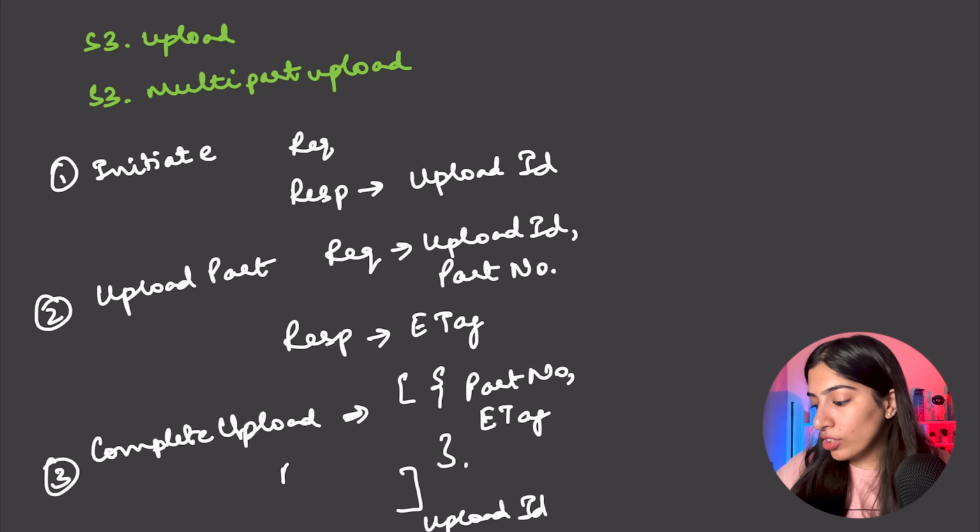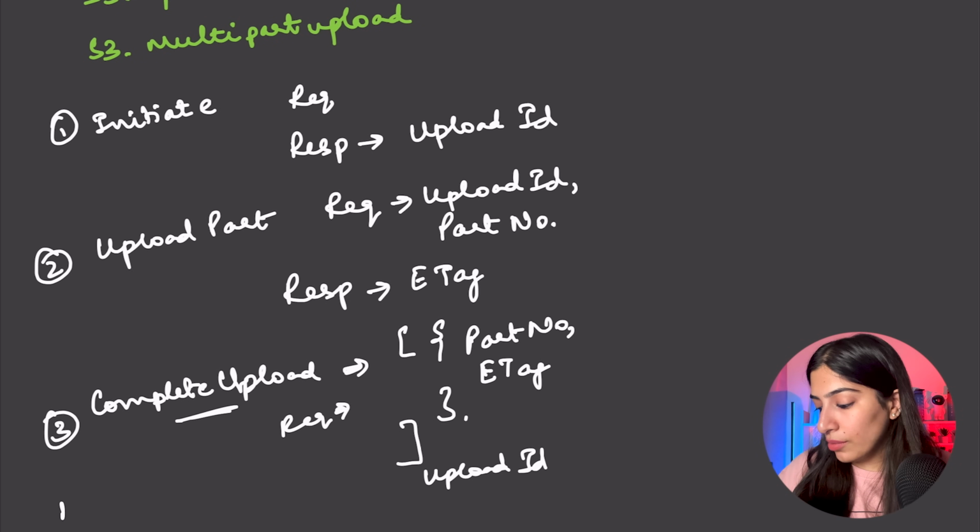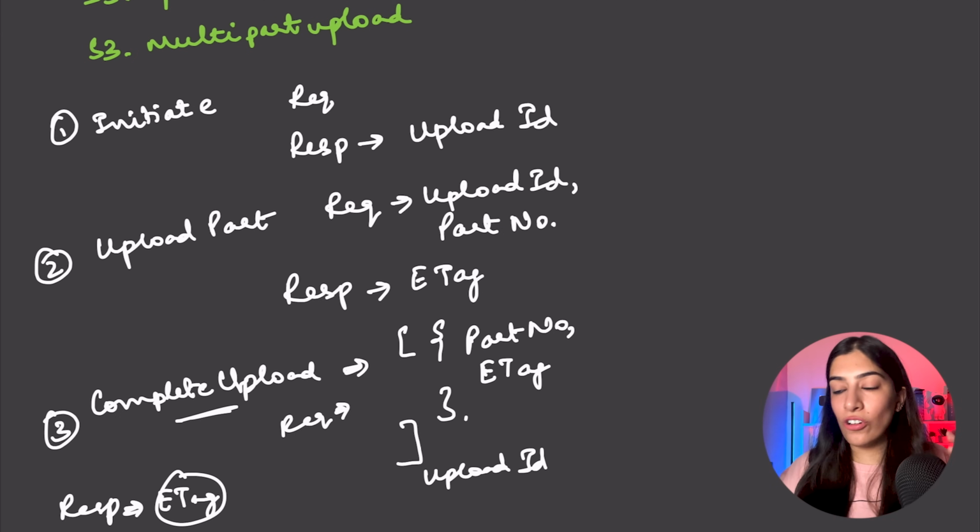Finally, in the response of this complete upload, you're going to get one final E tag, which is the tag of this entire upload. Earlier you were getting an E tag for every part response, and later you get one final E tag. Also, for further clarity, every E tag is going to be different because it is for each part.